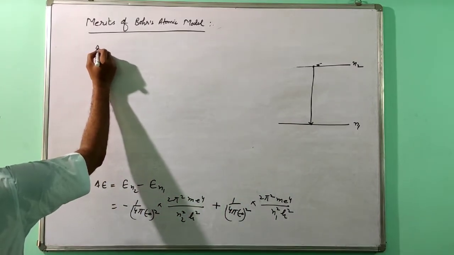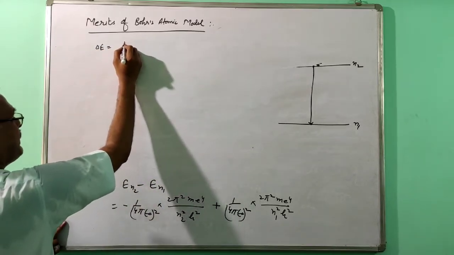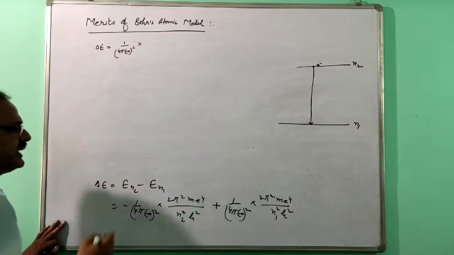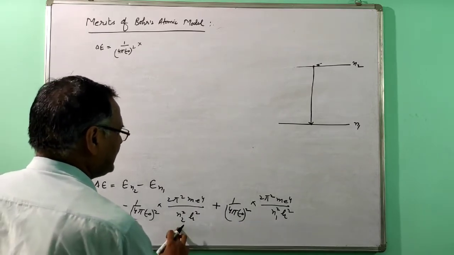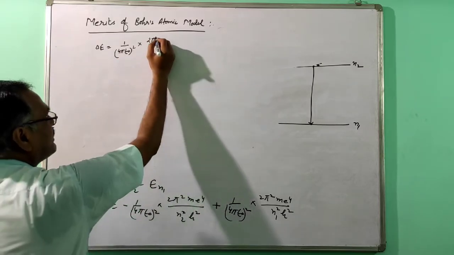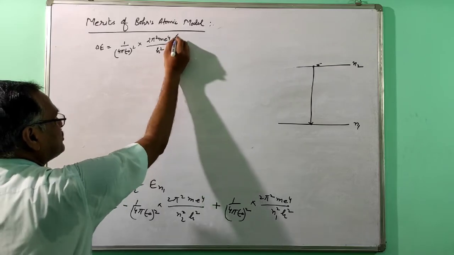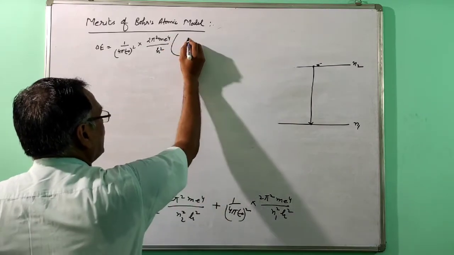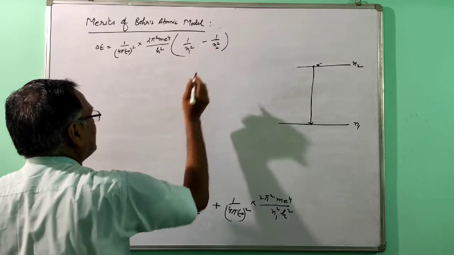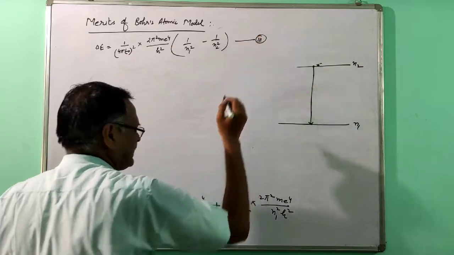Delta E is equal to 1 upon 4 pi epsilon naught whole square into 2 pi square m e to the power 4 upon h square, into 1 upon n1 square minus 1 upon n2 square. You can imagine that as equation number 3.